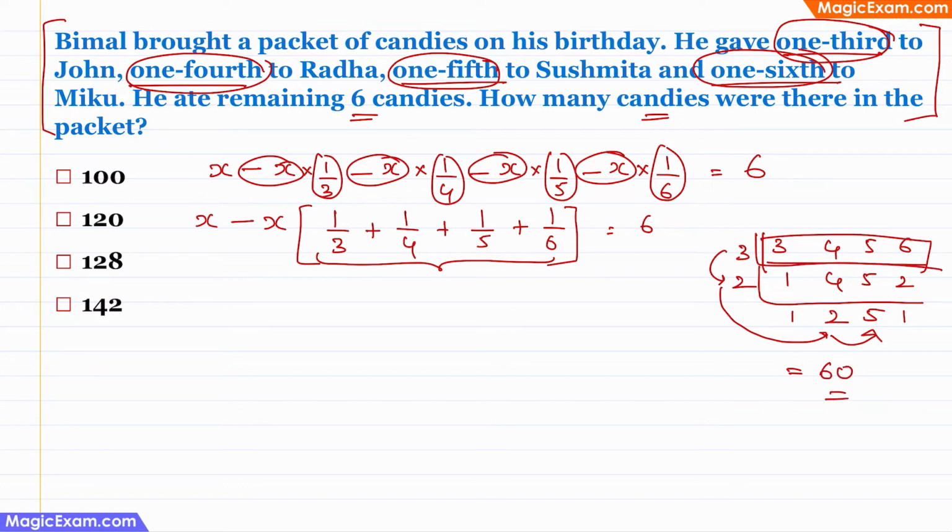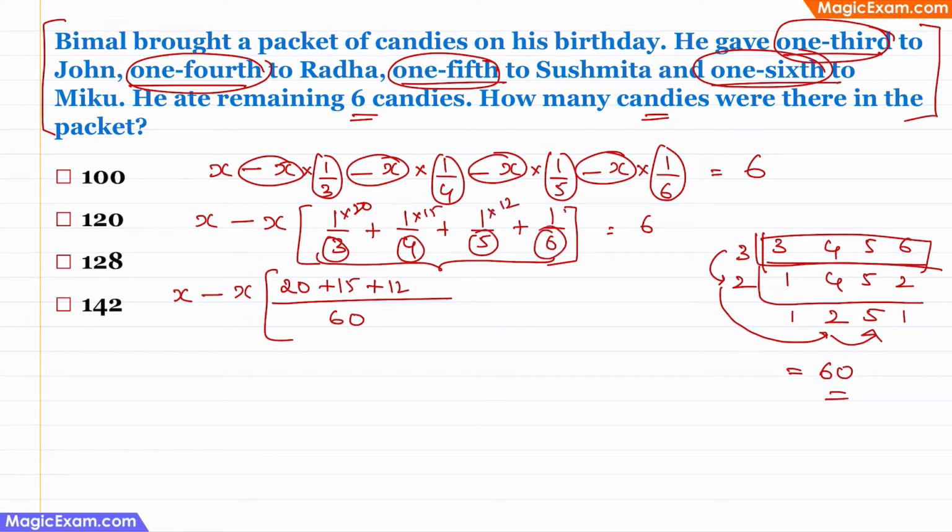So now let us write it in the calculation, that is x minus x divided by 60, and because 3 20s are 60, it will be 1 into 20, therefore 20 here, and then 4 15s are 60, therefore plus 1 into 15, so it will be 15, plus 5 12s are 60, therefore 1 into 12, so 12 here, and 6 10s are 60, therefore plus 10 is equal to 6.